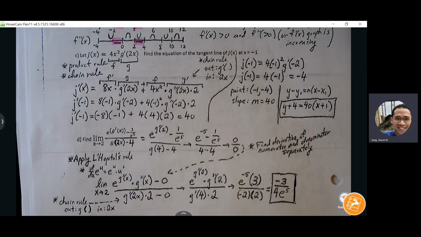No, it won't be a word problem per se. It'll be very much like technical.